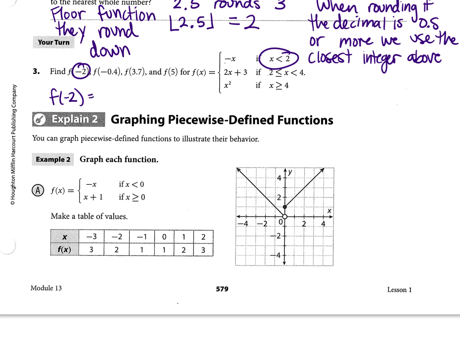If I take negative 2, that would give me positive 2. Now let's look at f of negative 0.4. That is also below 2. Negative times negative 0.4 gives me positive 0.4.